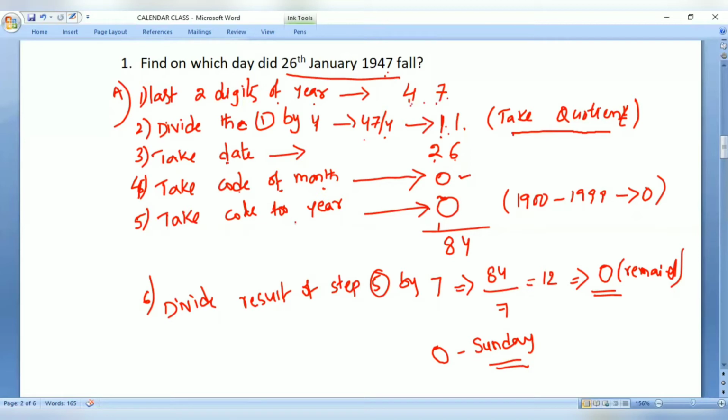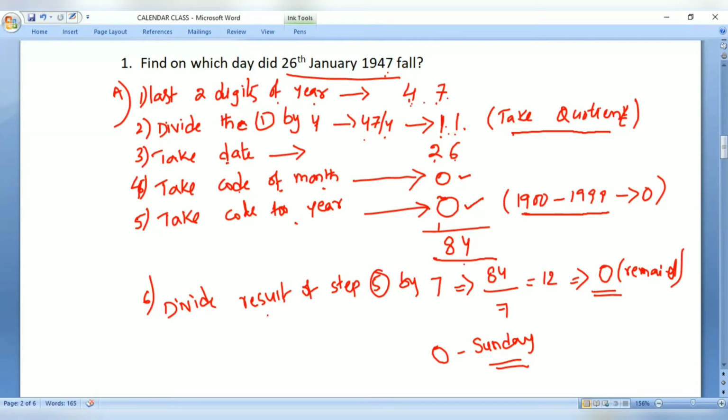Then take the code of the year. 1600 to 1699, the code as 6. 1700 to 1799, the code as 4. 1800 to 1899, the code as 2. 1900 to 1999, the code as 0. And 2000 to 2099, the code as 6. So we have taken 0 since 1947 falls under the 1900 to 1999 case. Now add all these values. 47 plus 11, 58 plus 26 becomes 84.